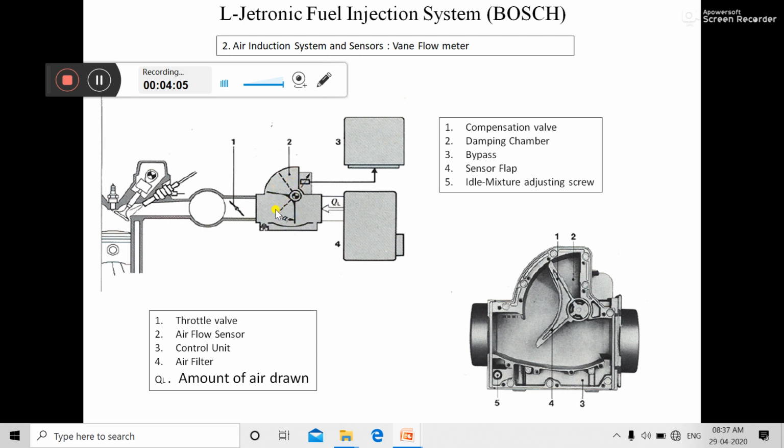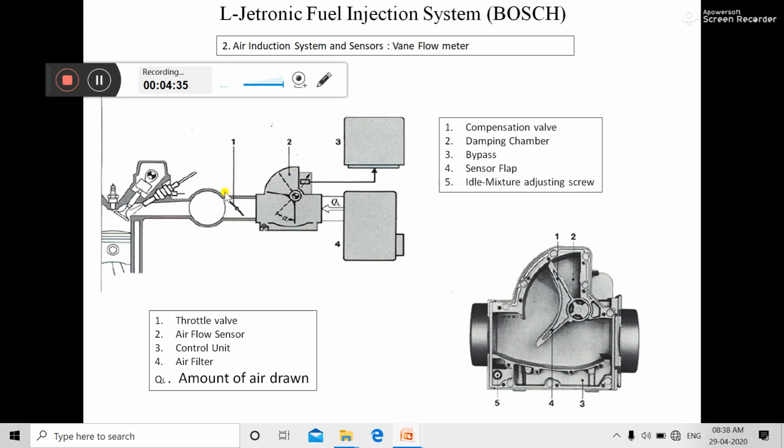At full throttle opening, this edge of the vane meter is aligned with this vertical position, and this horizontal end is located in this section. So the entire path is open for induction, and at that time the throttle plate is also in a completely horizontal position.